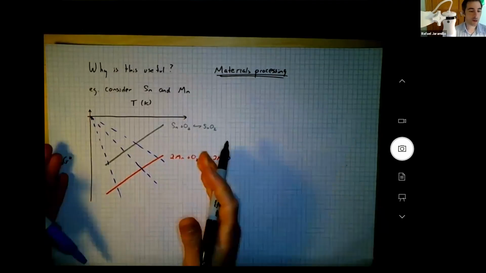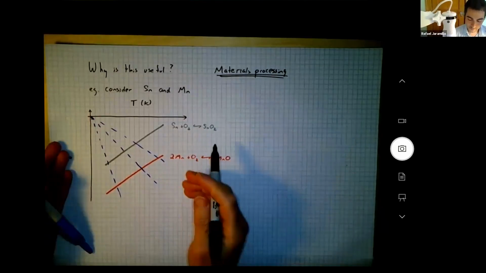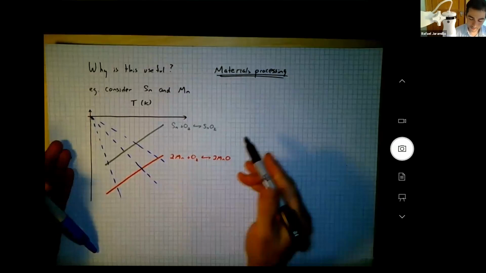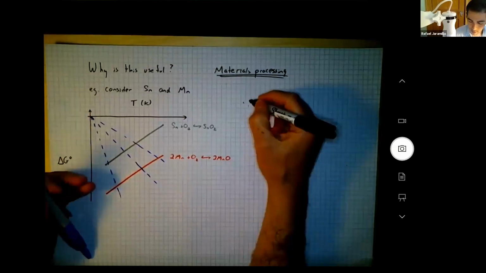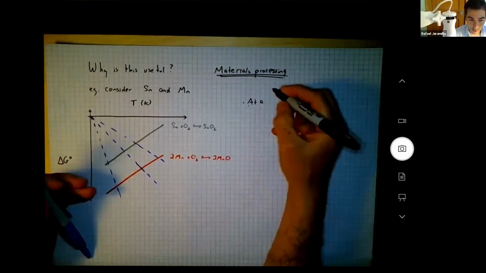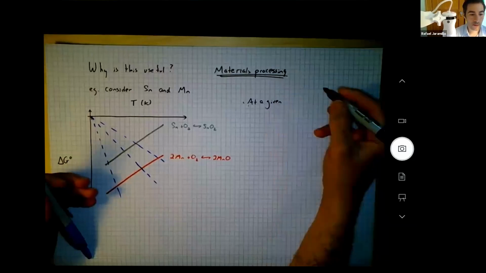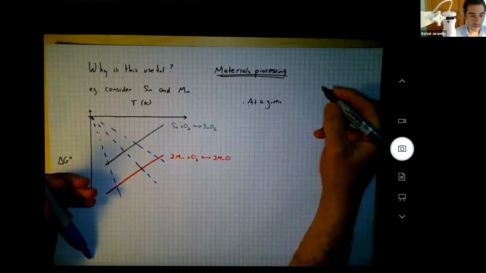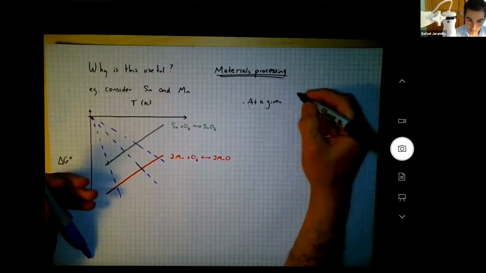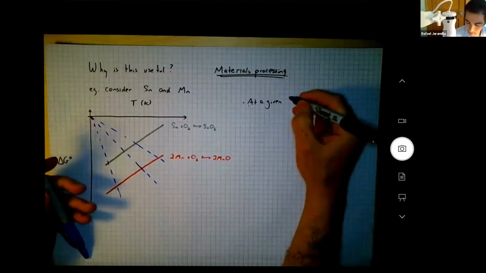What is this plot telling me? It's telling me that at a given temperature, I have a typo in my scanned lecture notes, sorry.